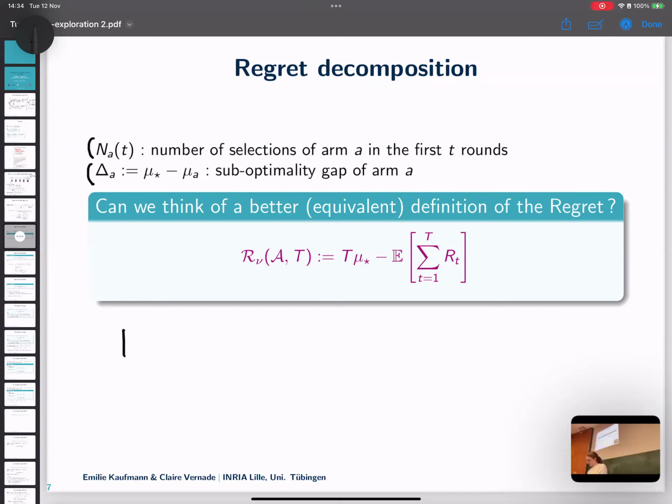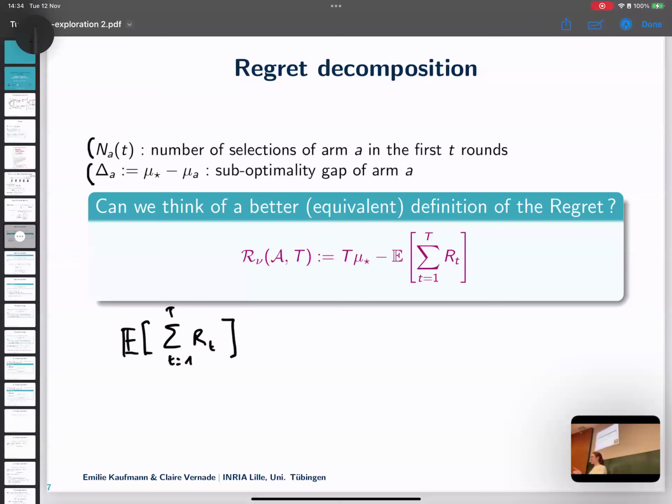So let's look at this quantity R_T. What is this? At each time t, I pull only one arm, right?